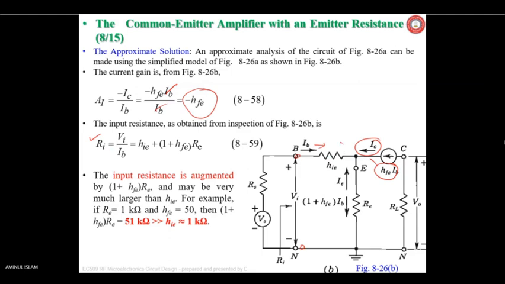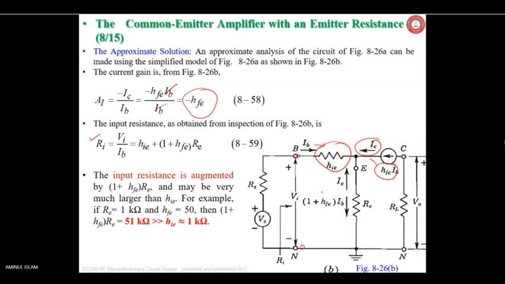You can understand, voltage across here, hie IB plus the voltage across RE. The current in this direction is (1 + hFE)IB, so (1 + hFE)RE.